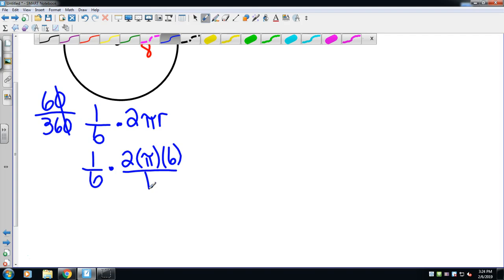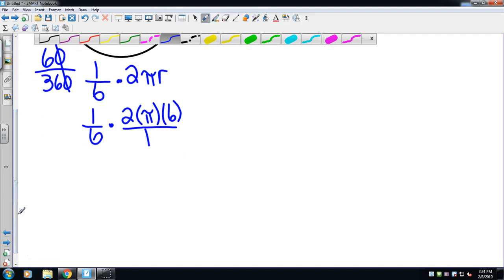So our numerator is going to be 2 times 6, which is 12. That's going to be 12 pi. And our denominator is 6. And so that gives us a final answer. I can divide that 6 into 12, and that's going to be 2 pi. So in this case, they may actually want us to find a length.